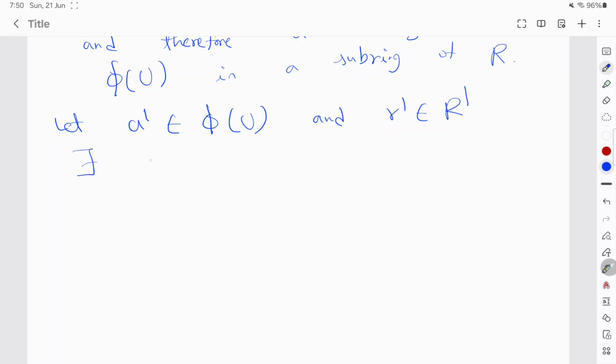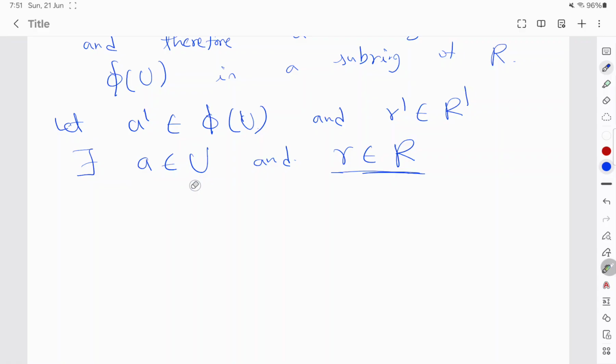Then there exists a belonging to U and r belonging to R. This exists because this is onto, otherwise it will not exist.